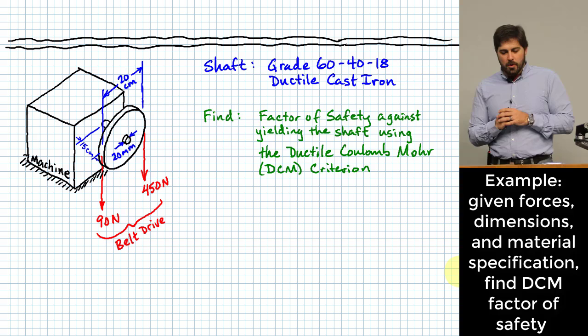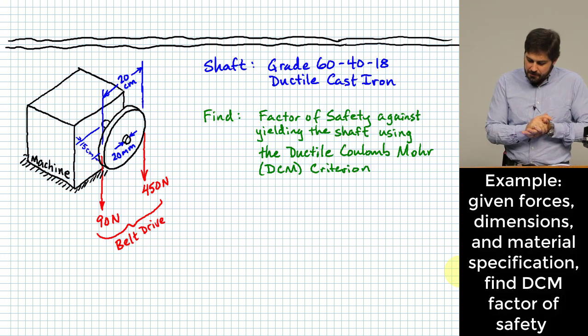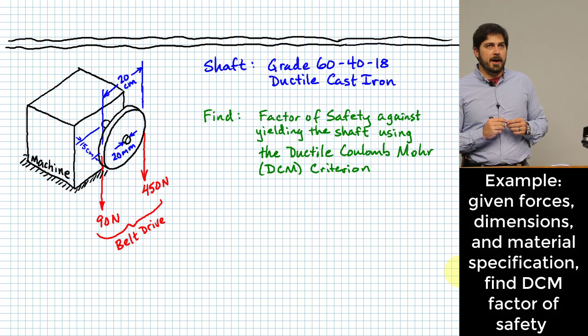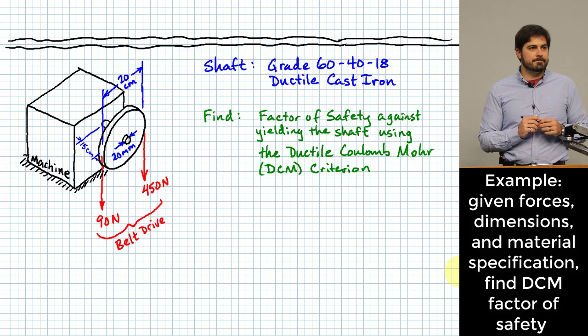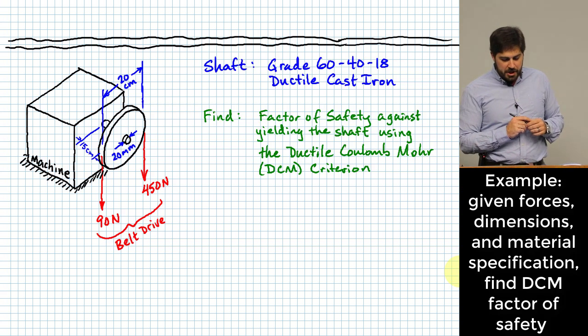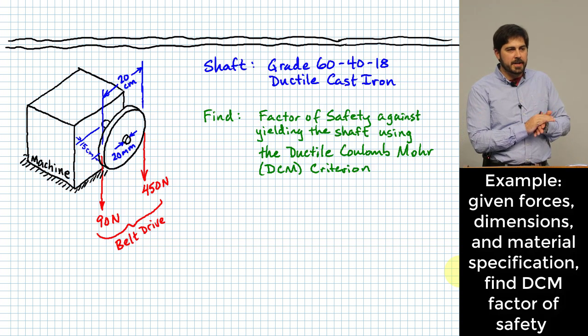All right, and what we want to do is determine the factor of safety against yielding this shaft using the Ductile Coulomb Mohr criterion. The shaft is made out of a grade 60-40-18 ductile cast iron.